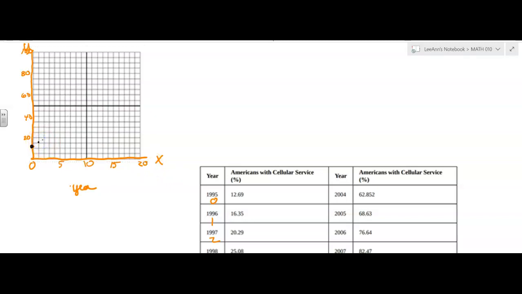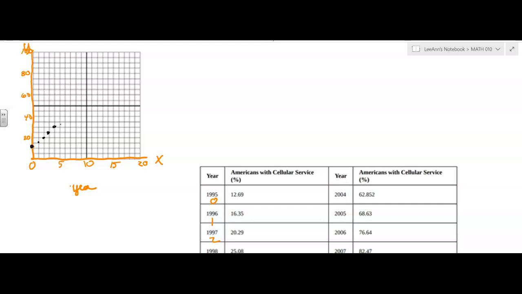And then in year 2, it's just over 20. Year 3, 25. And year 4 is like 31. So it's going up pretty good here.